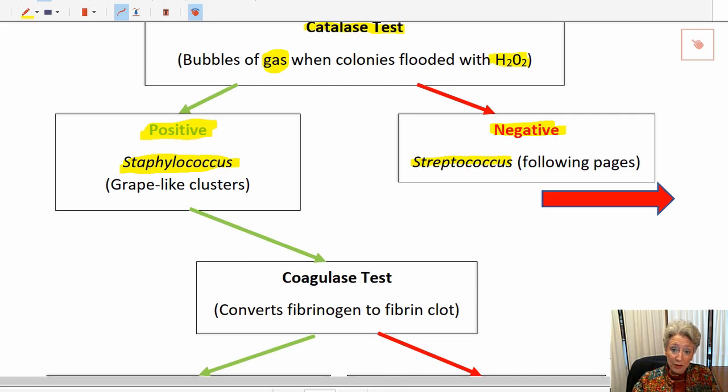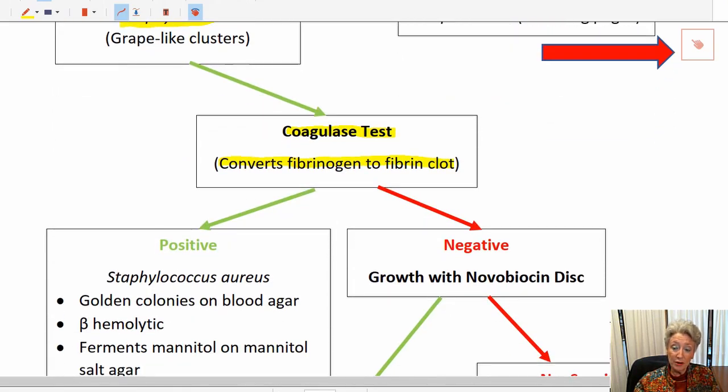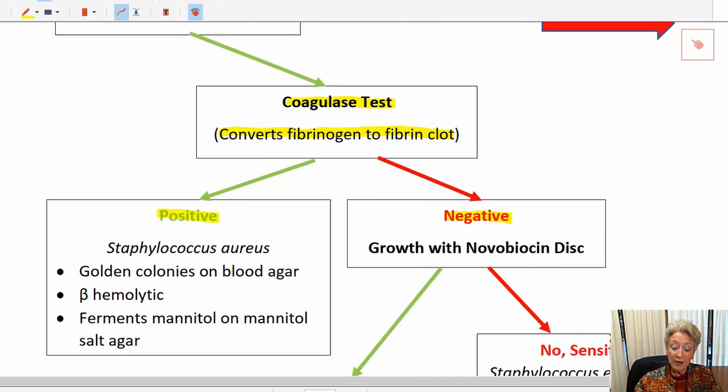So after I establish that I have a catalase positive organism, my next step is to look at the results of the coagulase test. Coagulase is an enzyme that converts fibrinogen to the fibrin clot. So if I get clot formation, then I say it is coagulase positive. If not, then it's coagulase negative.